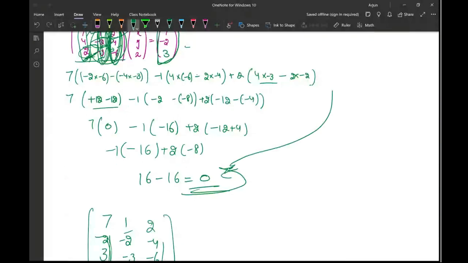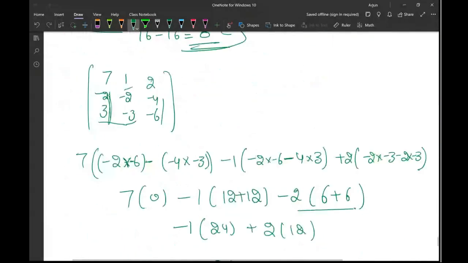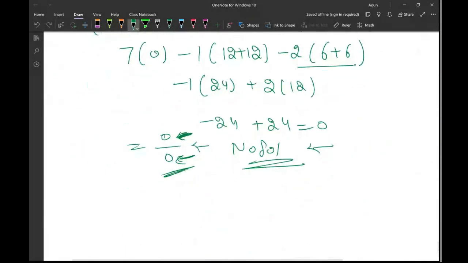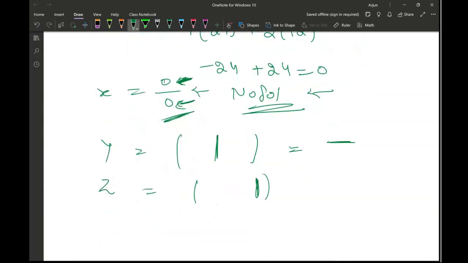If there was a value, we would have divided the new matrix's determinant by the initial determinant. That would have given the x, y, and z values. For y, I'll change the middle values. For z, I'll change these values, and then divide whatever value I get by the determinant. That's how we solve it.